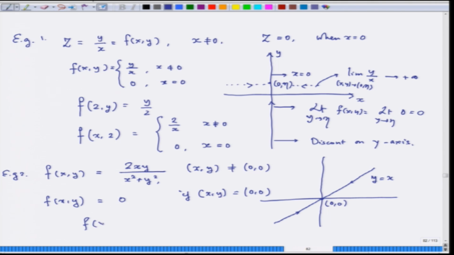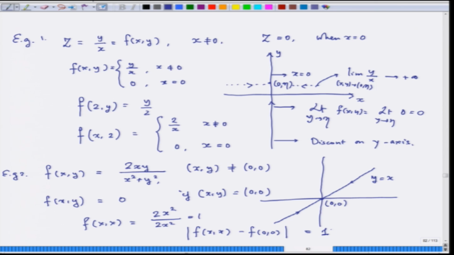So, f of x x would become 2 x square over 2 x square. F x x value is 1. So, the difference between f x x and f 0 0 is 1.